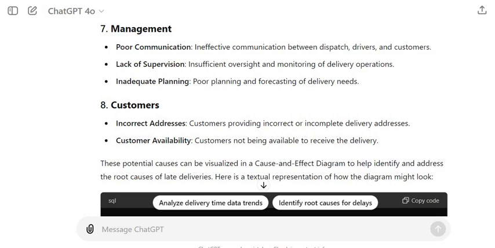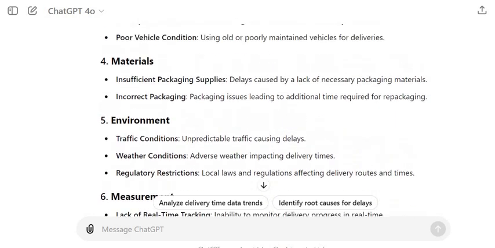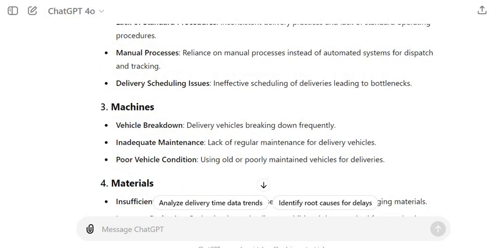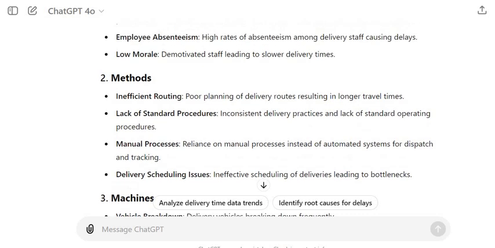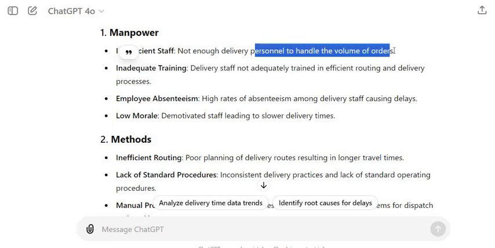Okay. Usually we can organize causes under the 6 M's, which is man, method, material, etc. But it has come up with slightly different categories: manpower, method, machine. Under manpower, it has listed insufficient staff, so not enough delivery personnel to handle the volume of orders.